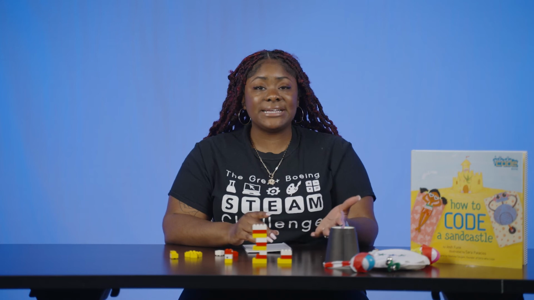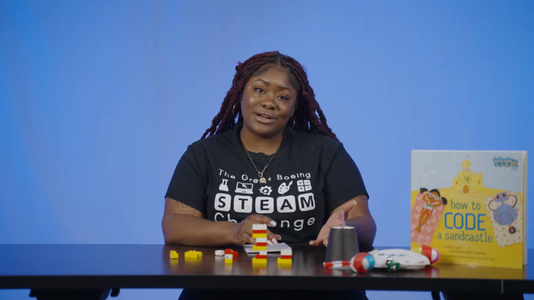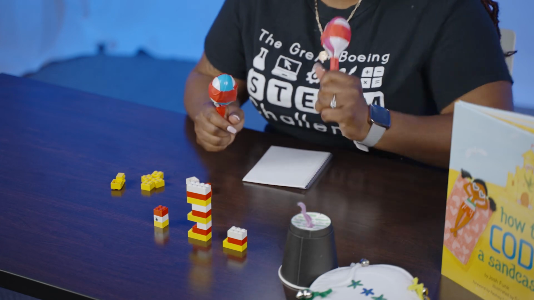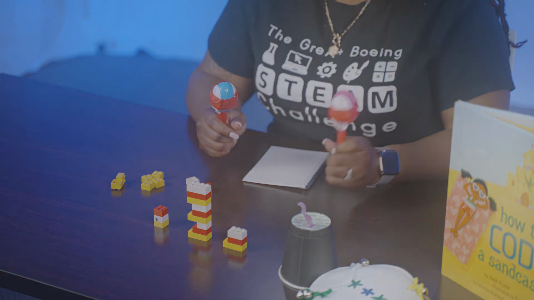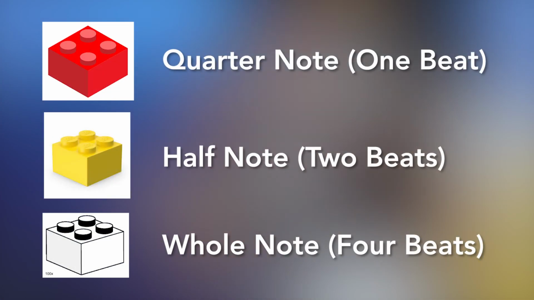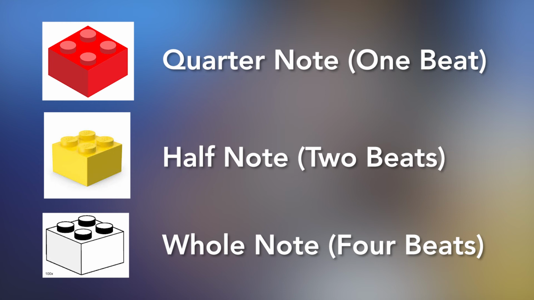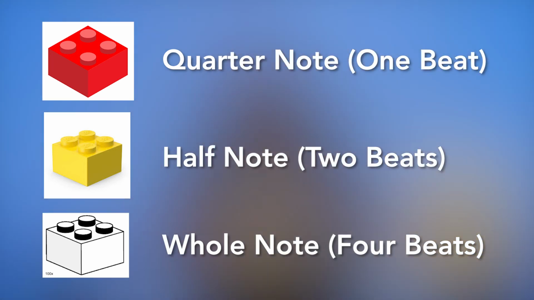Using the instrument you made last week, take time to evaluate your project by testing out your coding sequence. So, my coding sequence is, my white one was 4 beats. 1, 2, 3, 4. My red one was 1 beat. 1. And my yellow block was a half note, which is 2 beats. 1, 2.